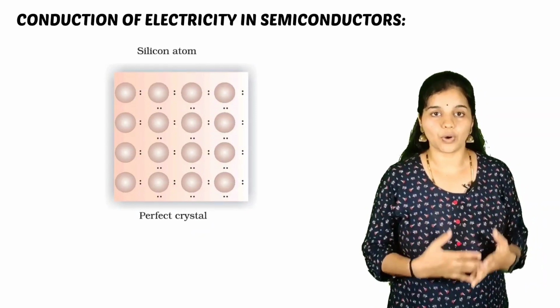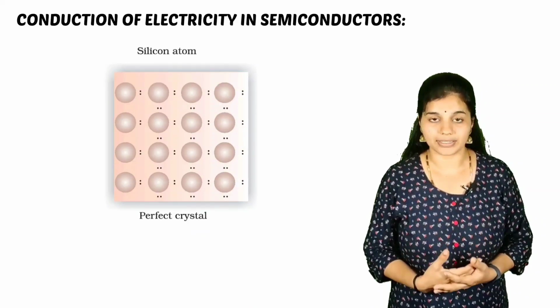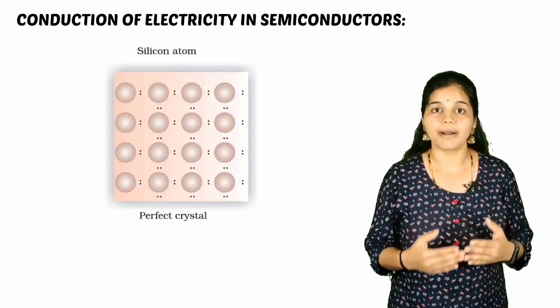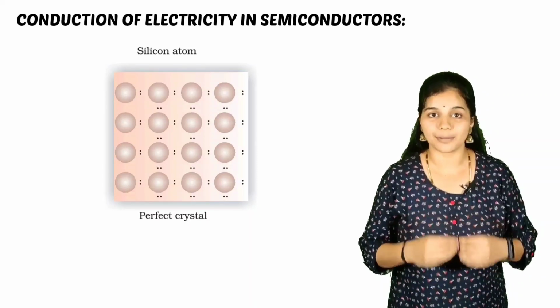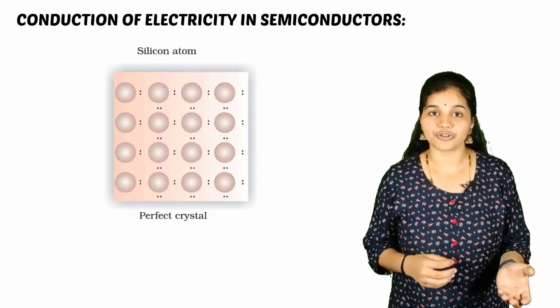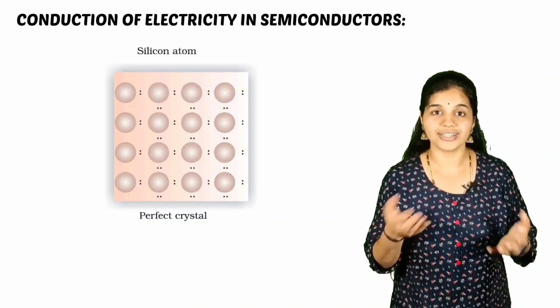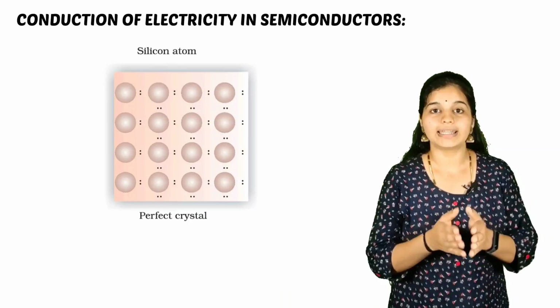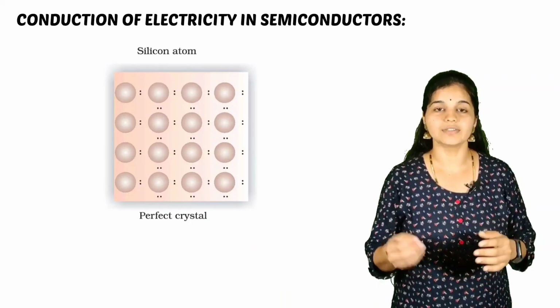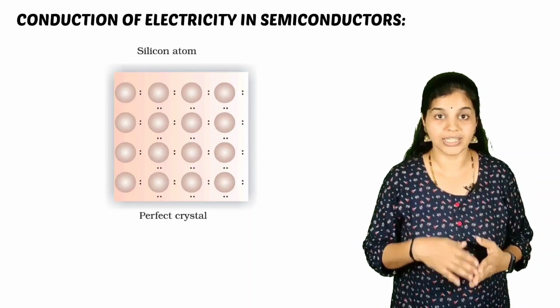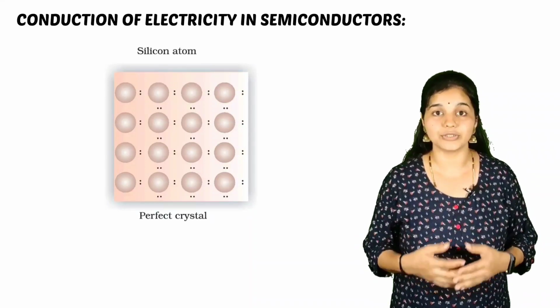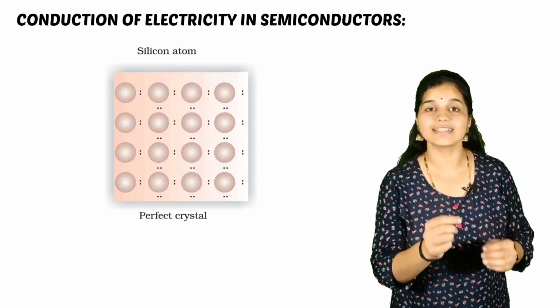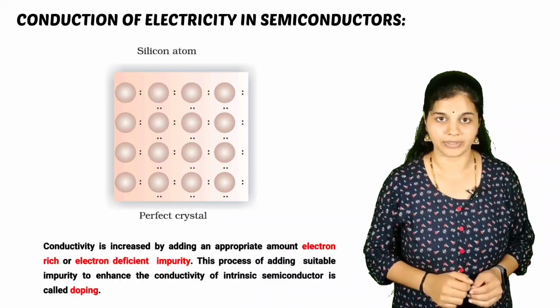The conductivity of intrinsic semiconductors can be increased by adding an appropriate amount of electron-rich or electron-deficient impurity. This process of adding a suitable type of impurity to enhance the conductivity of an intrinsic semiconductor is called doping.